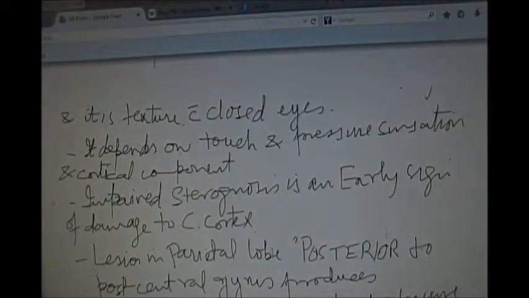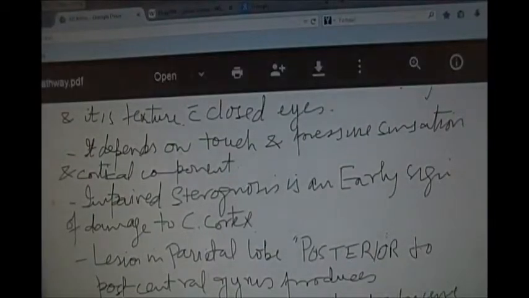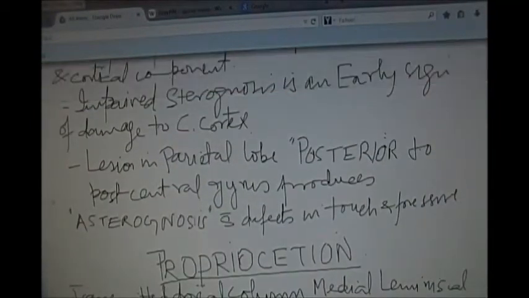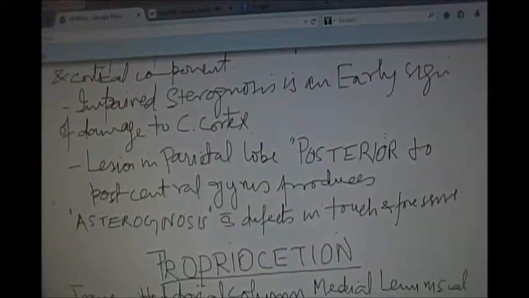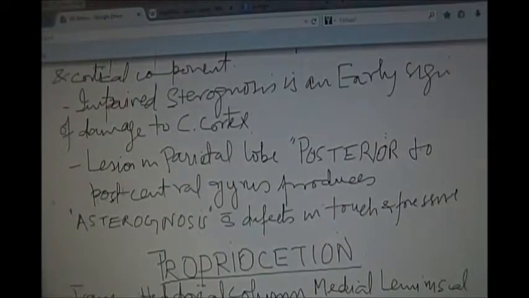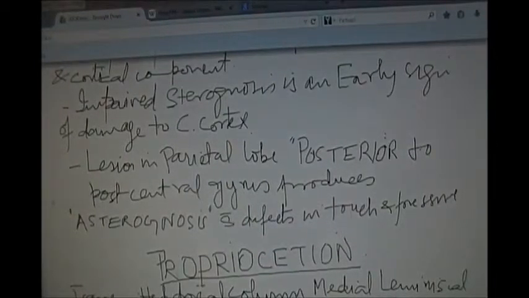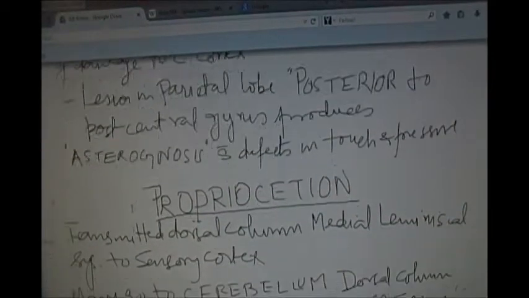Lesions in the parietal lobe posterior to the post-central gyrus produce astereognosis without defect in touch and pressure sensation. So it's very important that if there is a lesion in the parietal lobe posterior to the post-central gyrus, it causes astereognosis, but there is no defect in touch and pressure sensations, but the patient becomes unable to recognize the texture and the shape of the object.